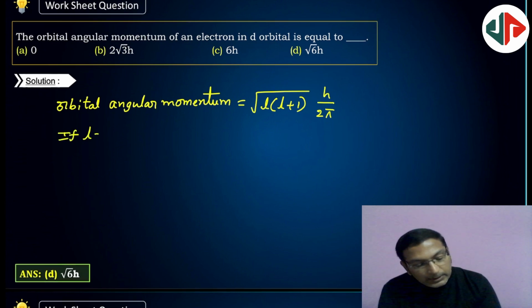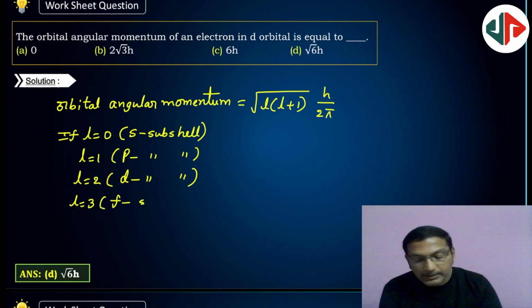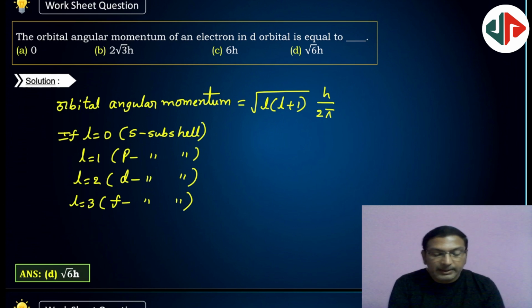If L equal to 0, s subshell or s orbital, L equal to 1, p subshell, L equal to 2, d subshell, L equal to 3, f subshell. So here d orbital is given. For d orbital or d subshell, L equal to 2.